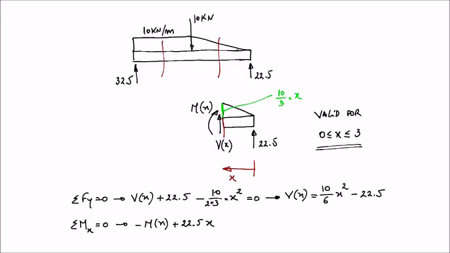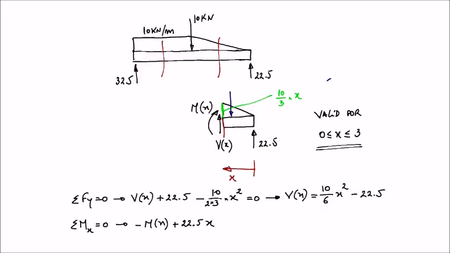And then we have the moment produced by the distributed load, the triangular distributed load. So what we have to do is consider an equivalent force that is acting on the centroid of the triangle. So I'm going to represent it here.